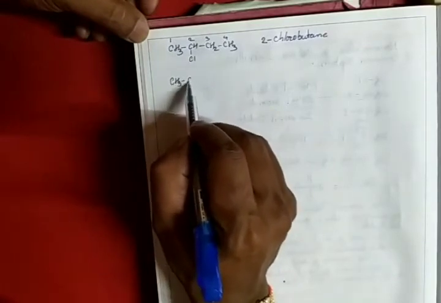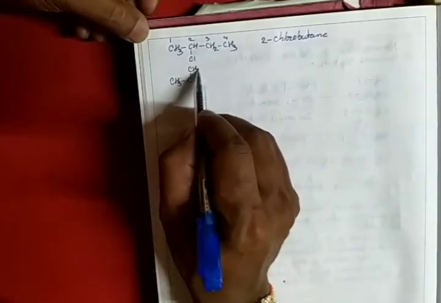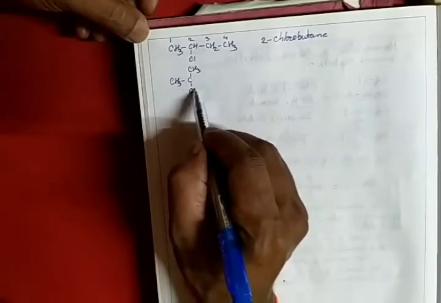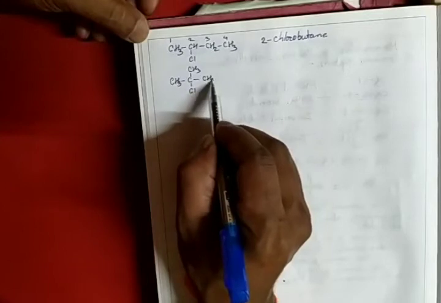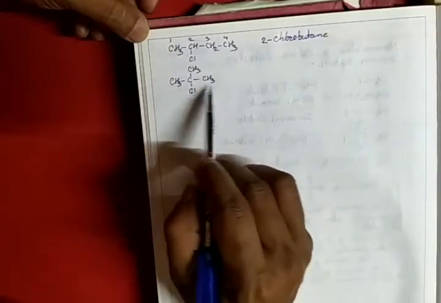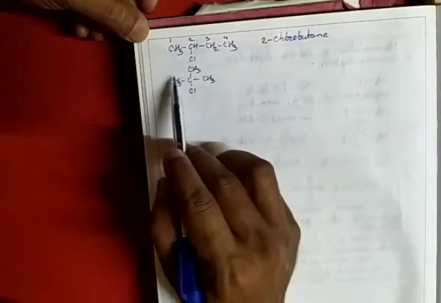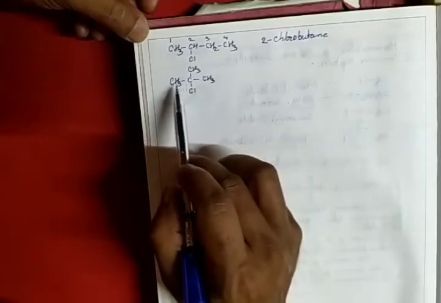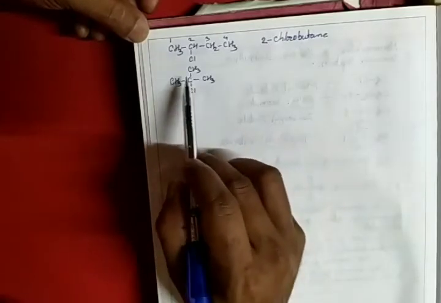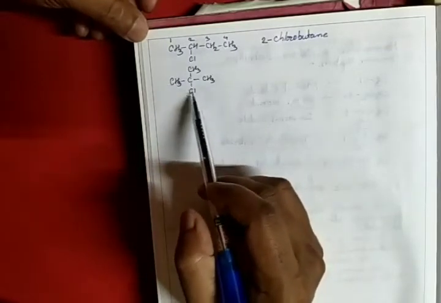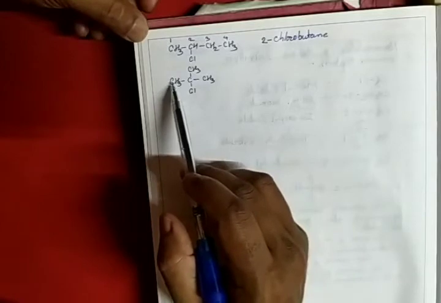Now CH3, CH3, and here Cl, CH3. This is also a bulkier alkyl group, or we can say a higher alkyl group. In this case we select the longest continuous chain of carbon atoms to which the chlorine is attached: 1, 2, 3.